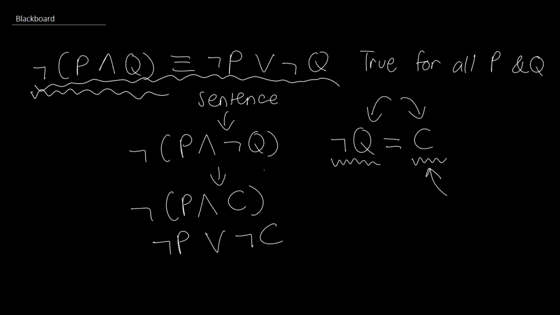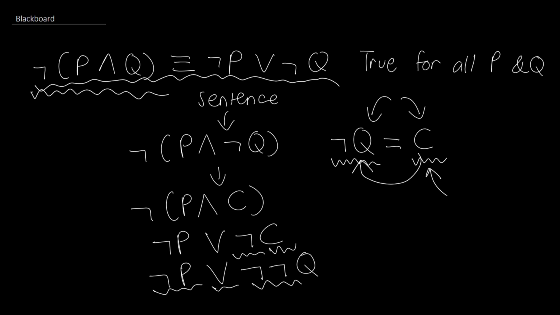Alright, so we don't want C, right? Because Q is our original statement. So what we can do is convert it back to not Q again. So we have not P, or remember this not is still there, okay? And we're just converting the C into not Q. And what we end up with is not P or not Q.